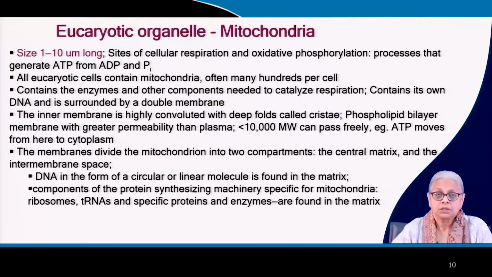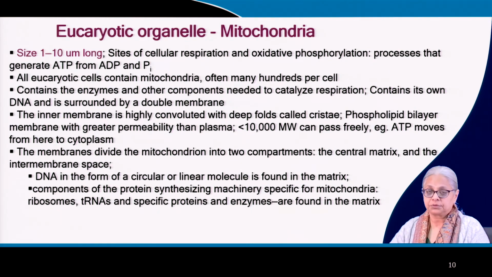So eukaryotic organelles: we have mitochondria and chloroplasts. These are the organelles that are involved in ATP synthesis. Generation of ATP is done by the mitochondria as well as the chloroplast. Chloroplasts exist in photosynthetic organisms and mitochondria in non-photosynthetic organisms or the eukaryotes.